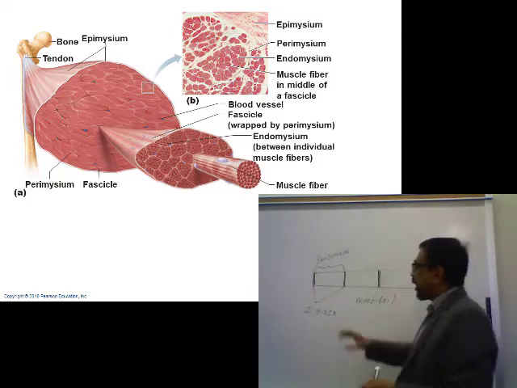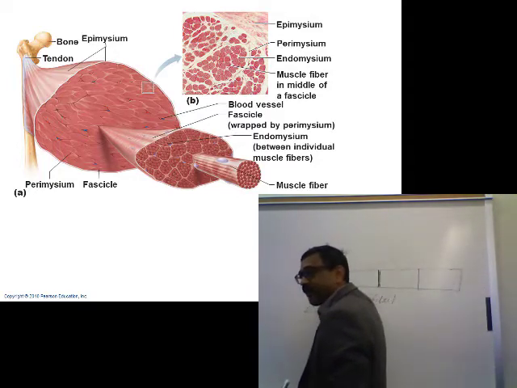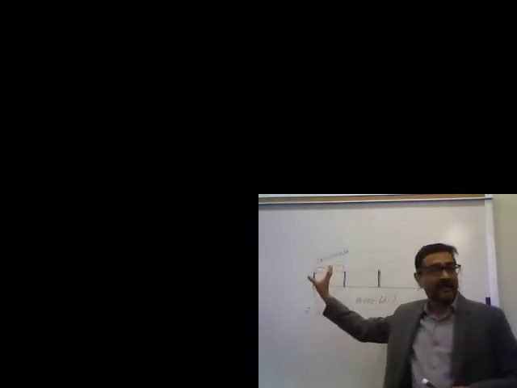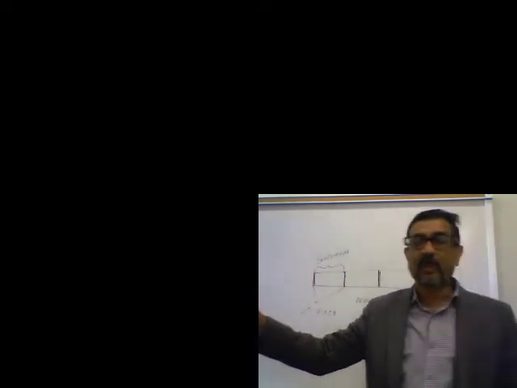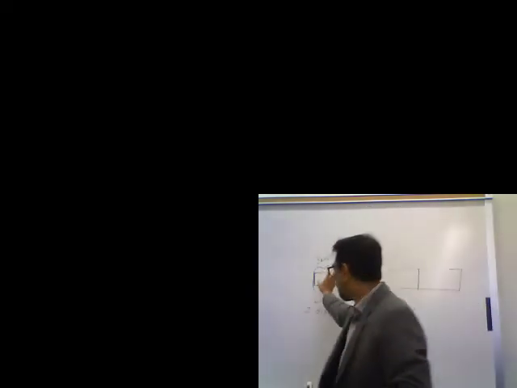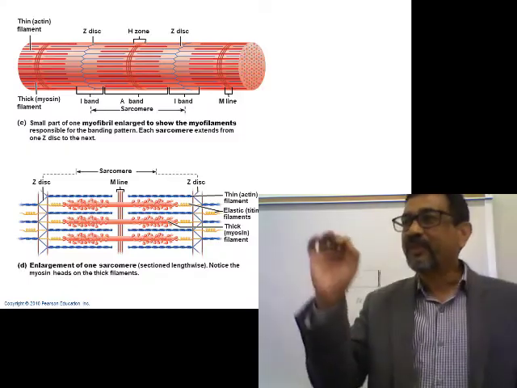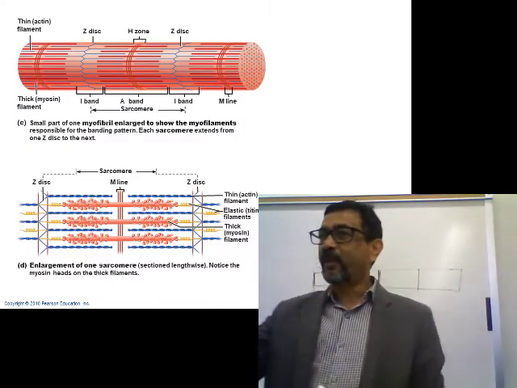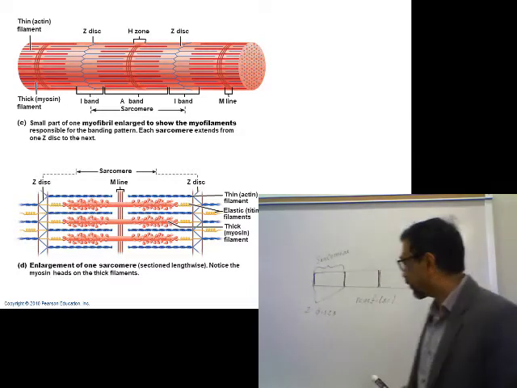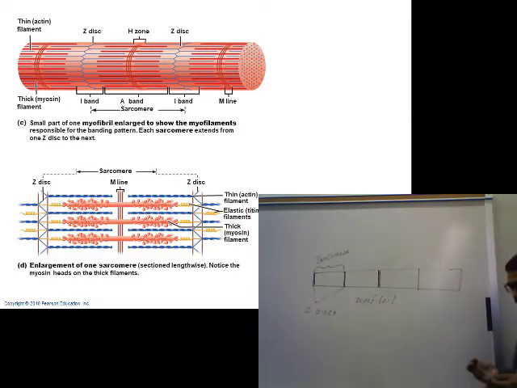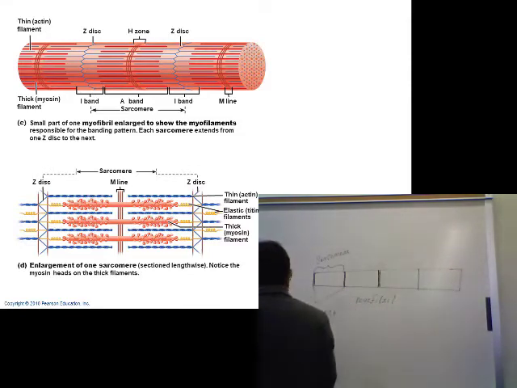Now, how does a sarcomere get shorter? You need to know that: the mechanism of shortening of the sarcomere. Inside the sarcomere, you have proteins. Those proteins are very important for muscle contraction, so you need to know what they are. You have protein filaments.